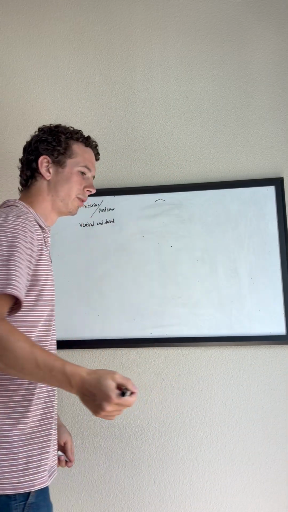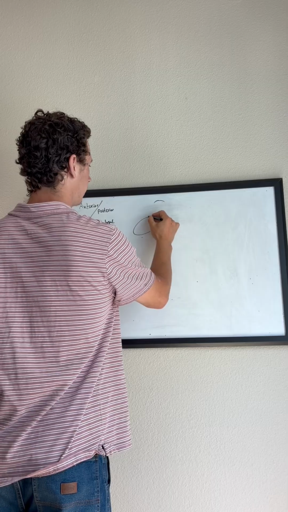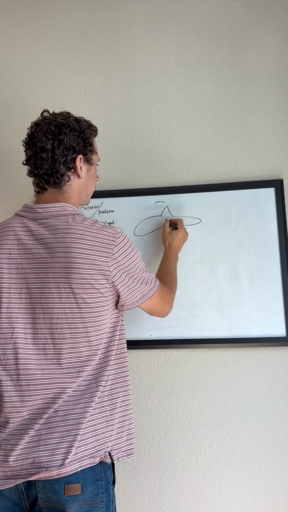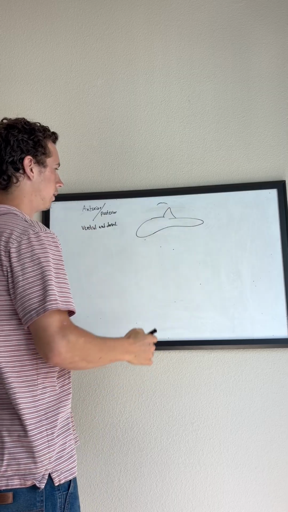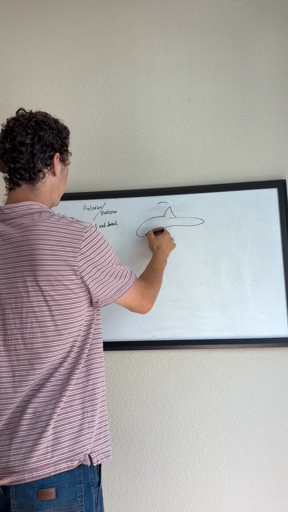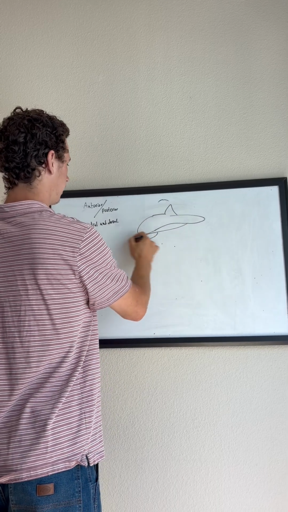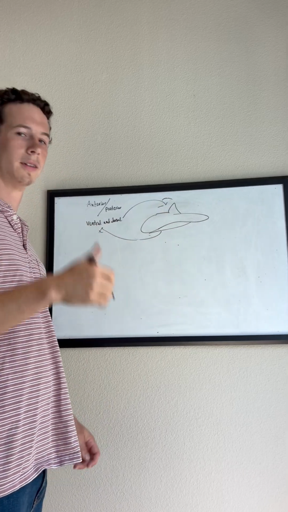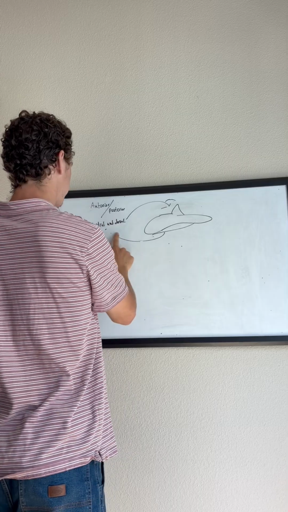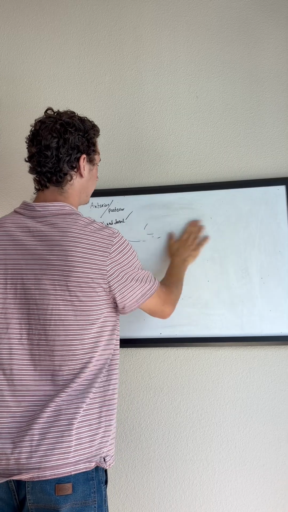So like dorsal, you have like a fish. Dorsal is the fin, so that's the back of it, and then ventral is like this area. Dorsal is that. Okay.